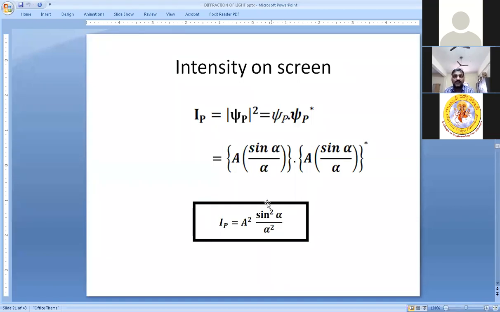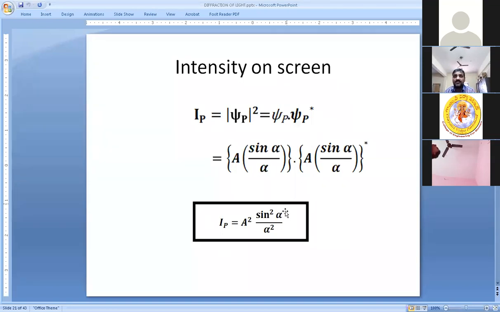One may ask, what is the use of this expression? Please recall, alpha is pi d sine theta by lambda. Just by varying theta, you can get every point on the screen.